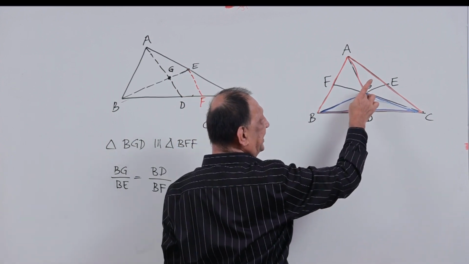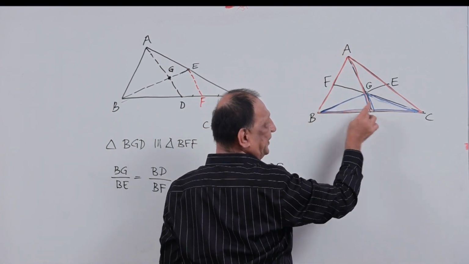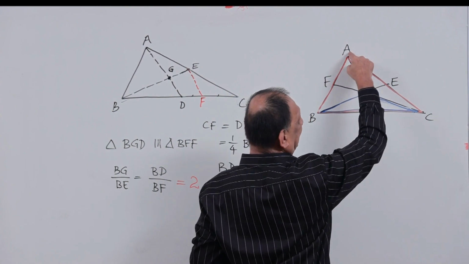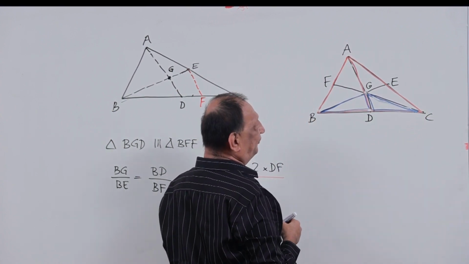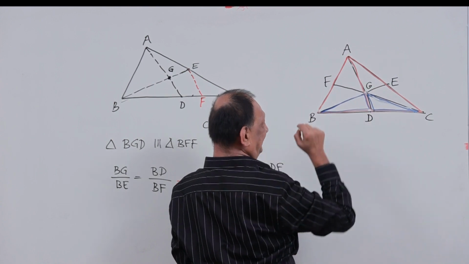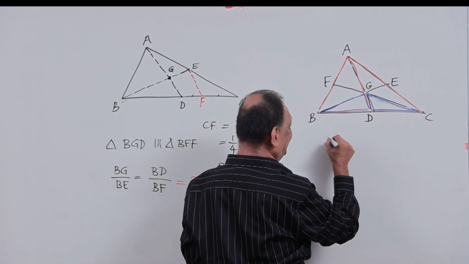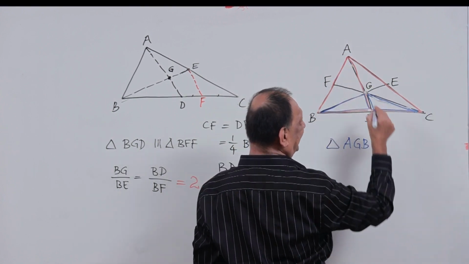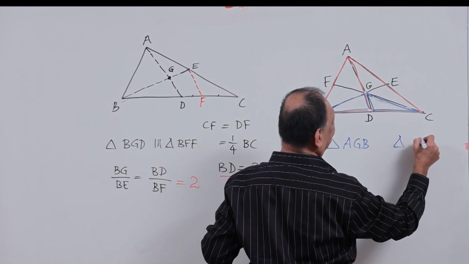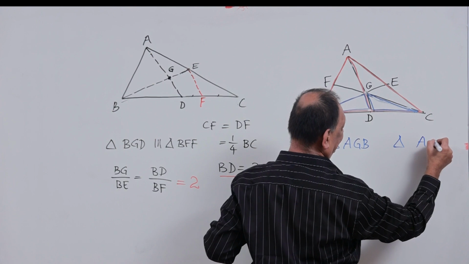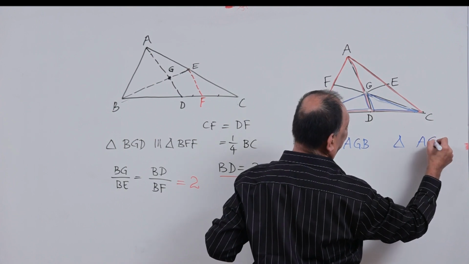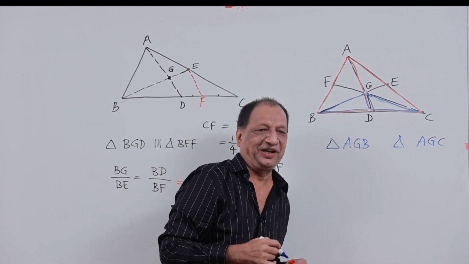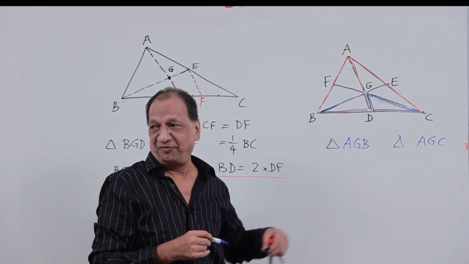Now you deduct the area of GBD from ABD, deduct the area of GDC from ADC. What are you left with? AGB. So we are left with the triangle AGB on this side, and this side we are left with triangle ACG or AGC, correct? AGB and AGC are equal. They are same area, correct?